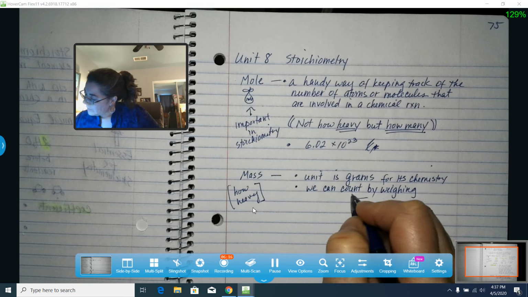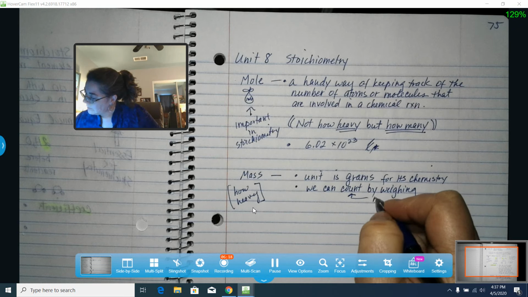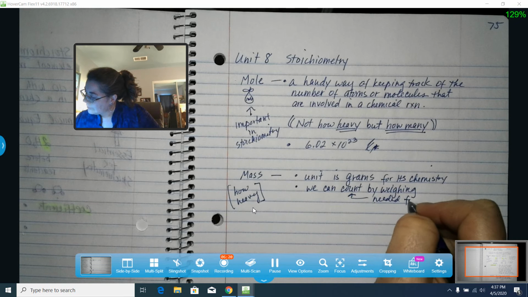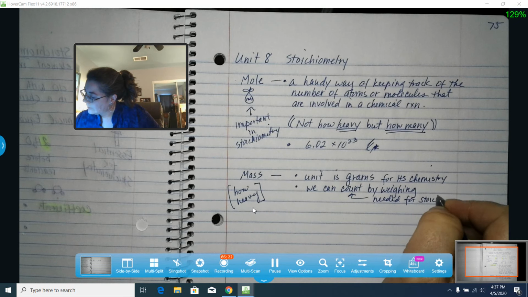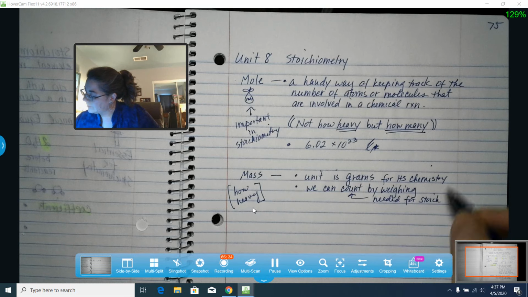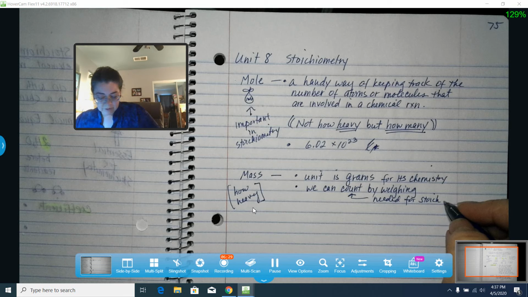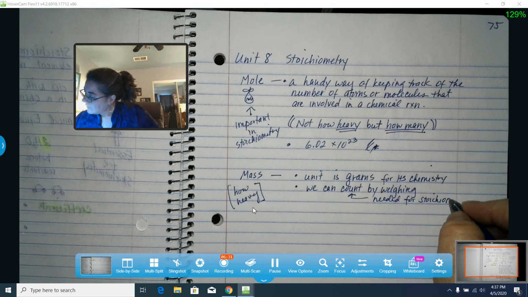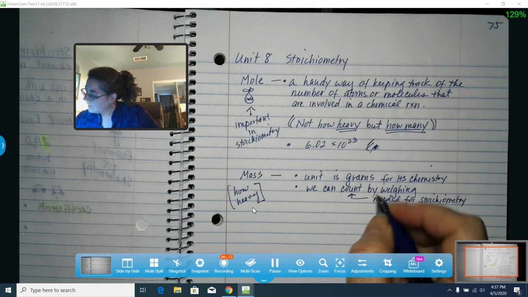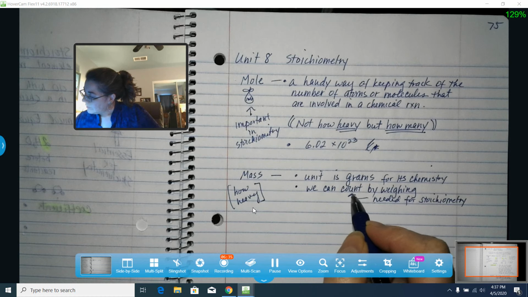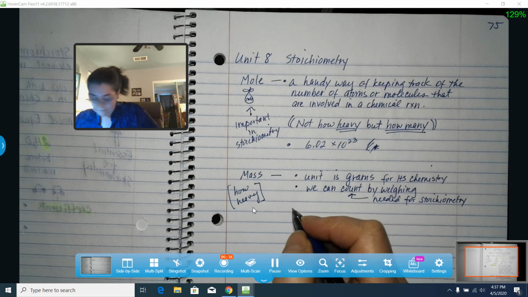Okay, and remember the count is what we needed for stoichiometry. I can't emphasize this enough. It's the number of particles that we need for stoichiometry, not really how heavy it is. But we can't find that number without weighing it. Okay?